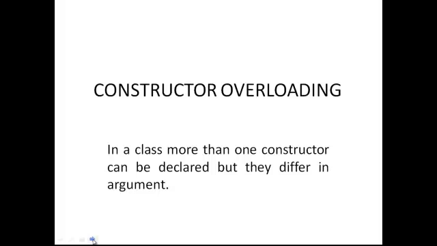When we create a class, first I use the default constructor, then I also use the parameterized constructor, then the third type of constructor with default argument, and the most important type of constructor is the copy constructor.